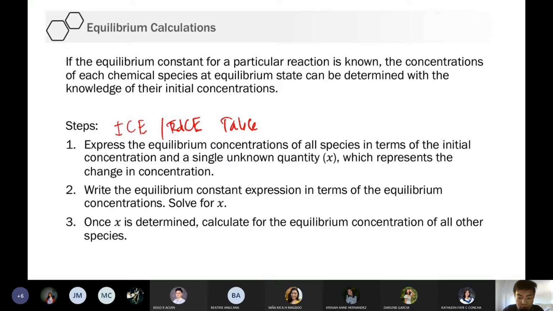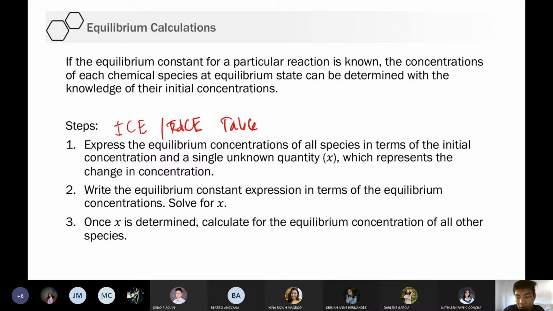So what is I in the ICE table? I is the initial amounts. You have to write whatever is told to you in the question. So you're going to input there the initial amounts given already. That's the I, initial amounts. That's all given. For the C, this is the changes in the equilibrium.